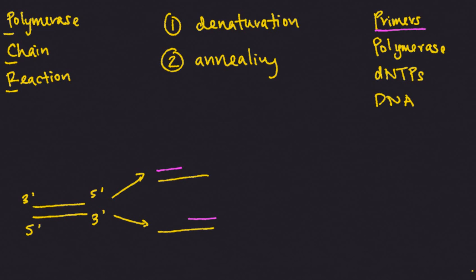So scientists design these primers in a way that will get them that target sequence. And so since they know the exact sequence of the DNA that they want to amplify, they can design these primers.